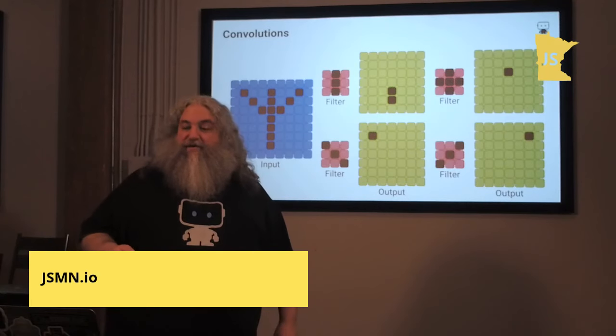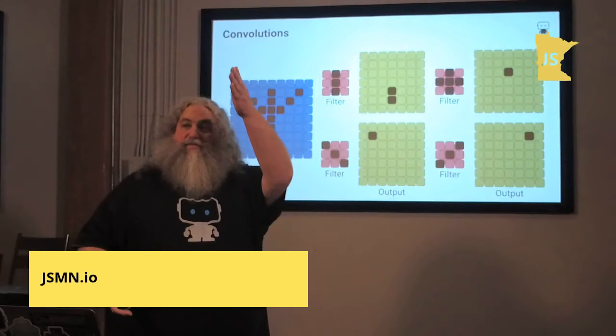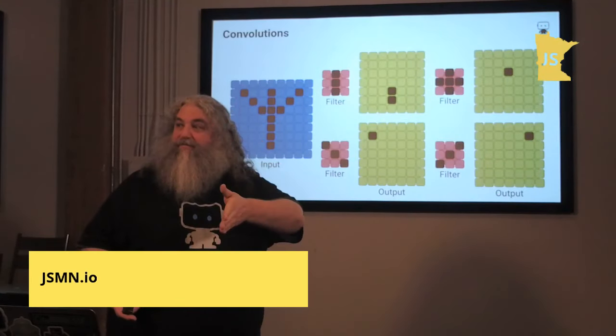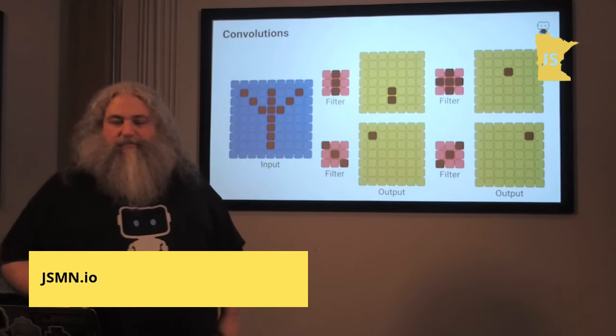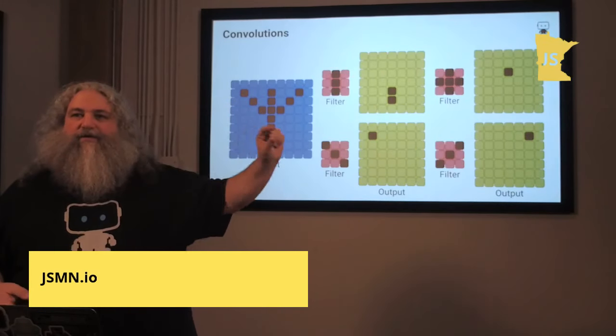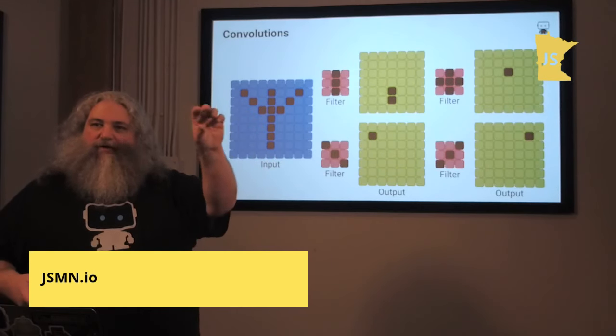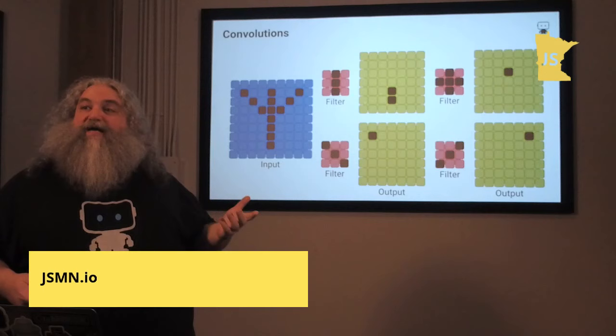And then we've got these filters. This filter here looks for 3 pixels top to bottom, down the middle. It pans across that input 1 pixel at a time, 3 pixels high. We go over 1, over 1, over 1, asking, does this match the pattern or not?